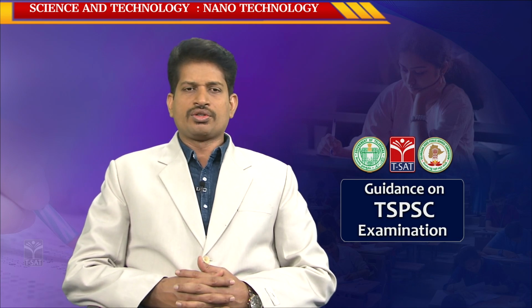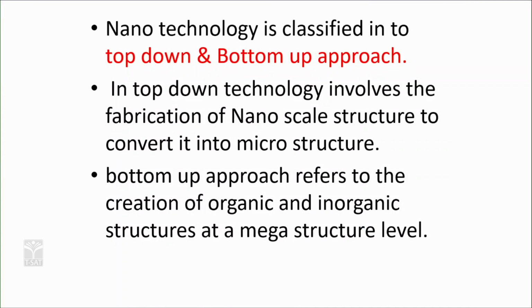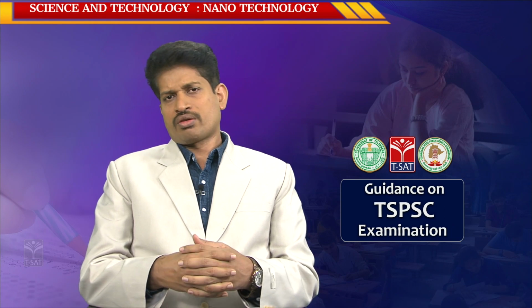Nanotechnology is classified into two: one is top-down and the second is the bottom-up approach. Top-down technology involves the fabrication of nanoscale structures to convert into microstructures. So, you are converting structures as microscopic as possible. In certain conditions, when the structure is microscopic, you have a lot of advantage.